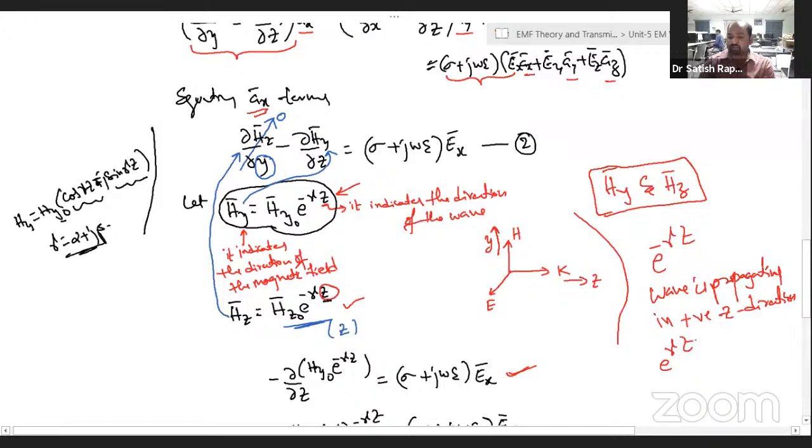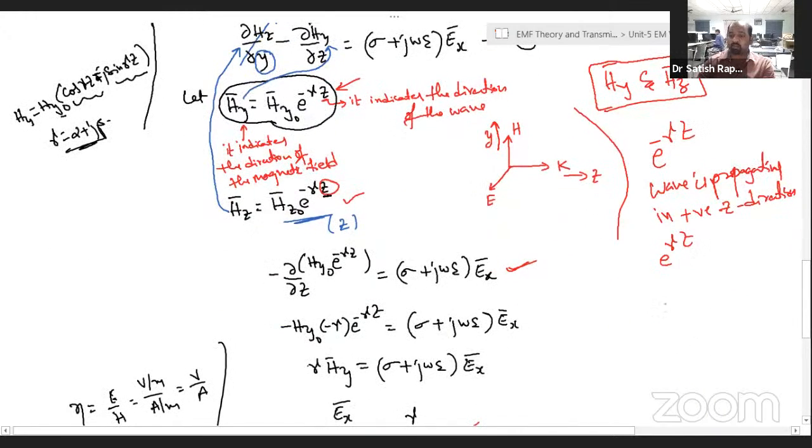E power gamma z, in the sense the wave is propagating in the negative z direction. Here we have e power minus gamma z and e power plus gamma z.